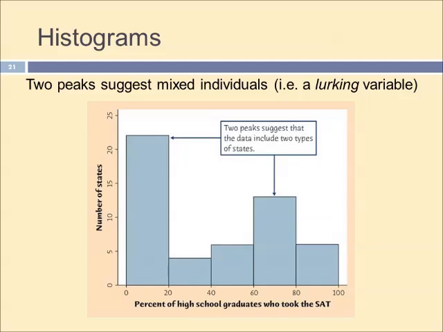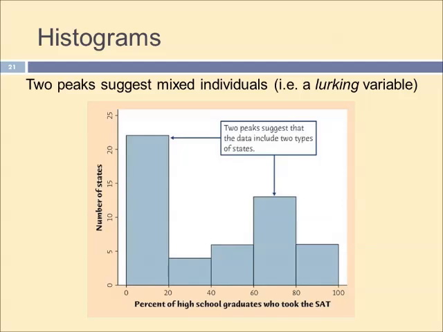Now here's a case where we have two peaks on a histogram. Oftentimes this will suggest that there are two types of data included here. For example, we're measuring the number of states.